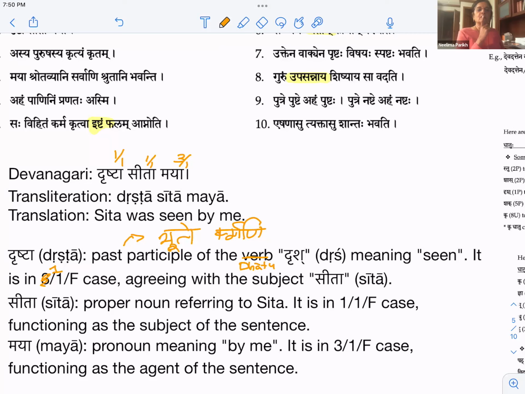And my other question is, Sita was seen by me, or if it would be I saw Sita, how would the Sanskrit be then? I'm a little confused with that part. Okay, so then we would have aham, let's just say aham.